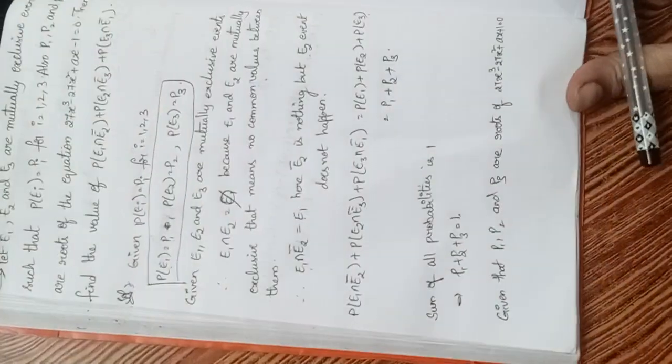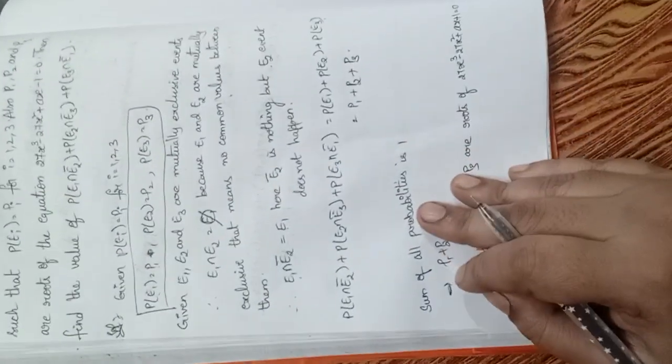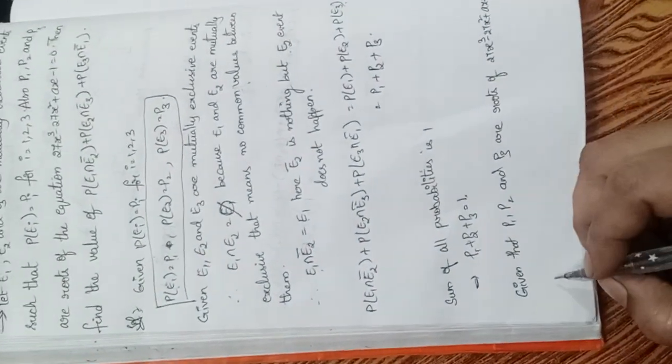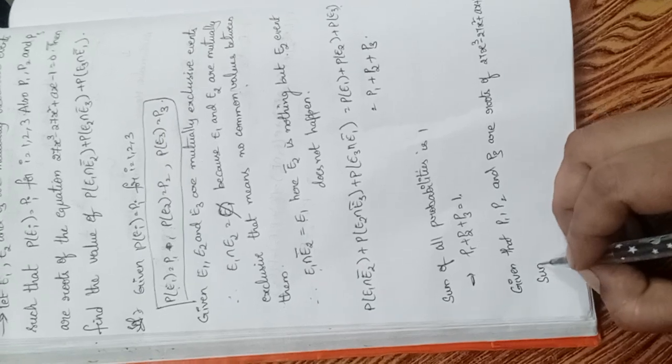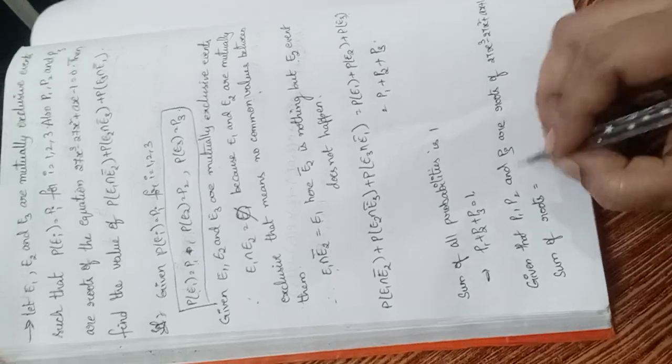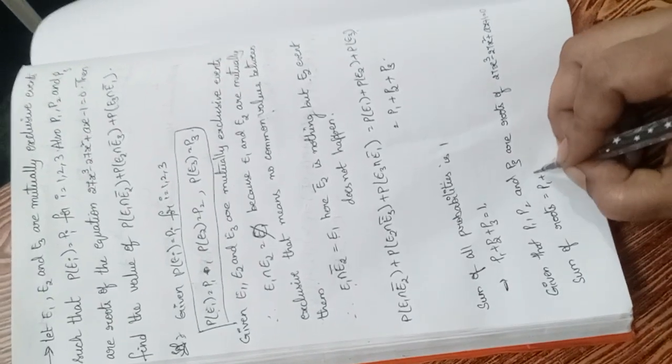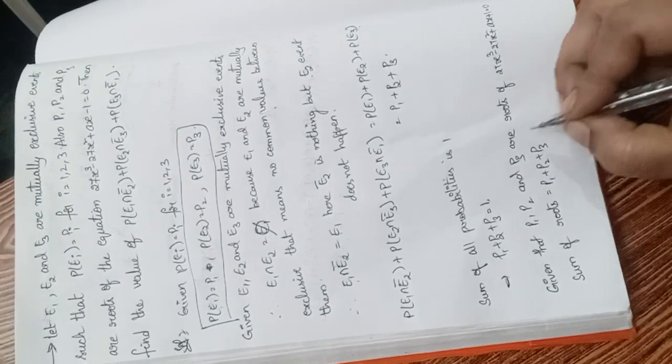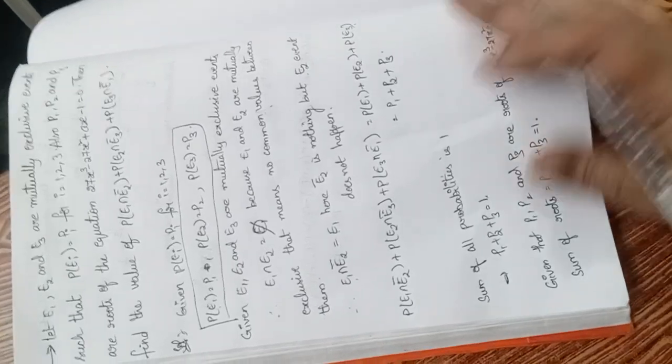So what are the rules or formulas we have for the roots of a cubic equation? Sum of roots equals P1 plus P2 plus P3, which equals 1.